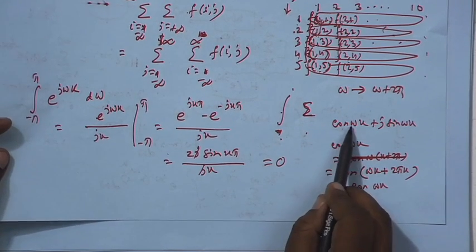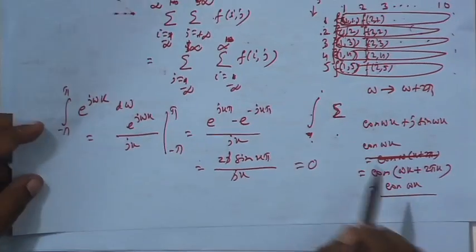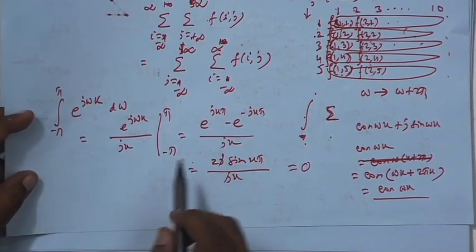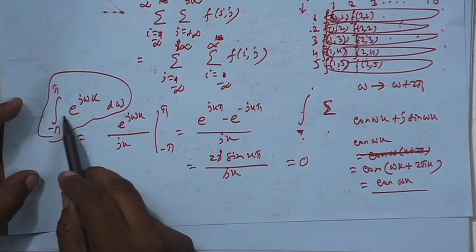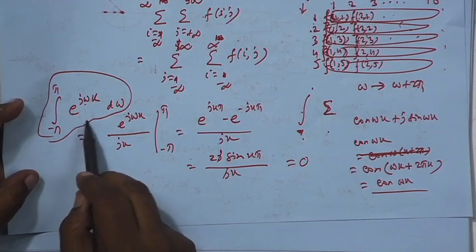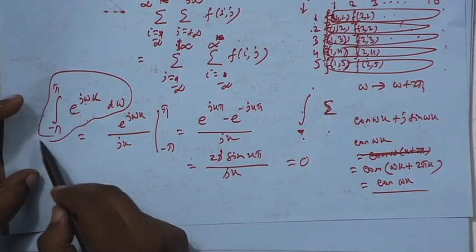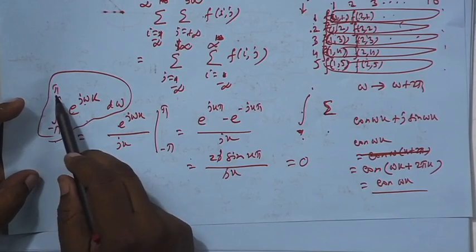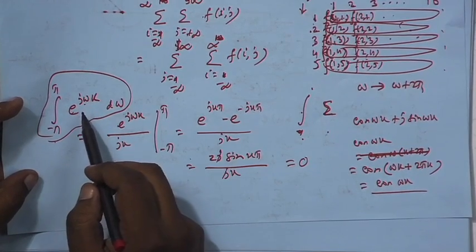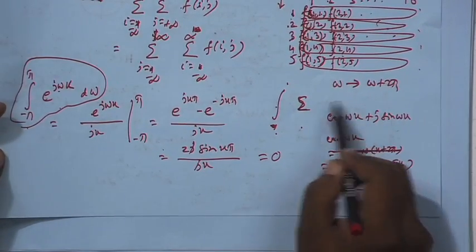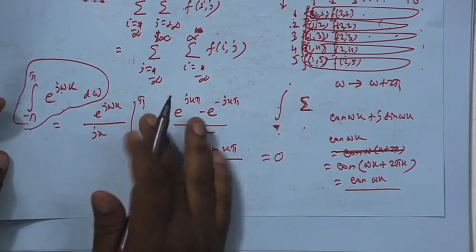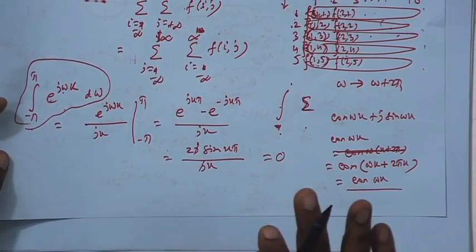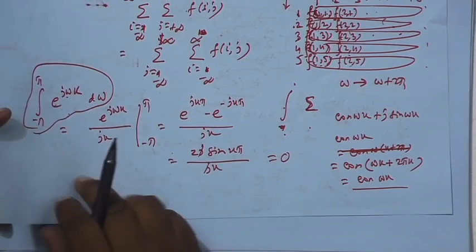Now here, this integral is cos omega k plus j sin omega k, but you are integrating over a total period of length from minus pi to pi, meaning 2 pi, that is one period. So, this part cos omega k will have 0 value and the sin omega k integral will be 0 value.